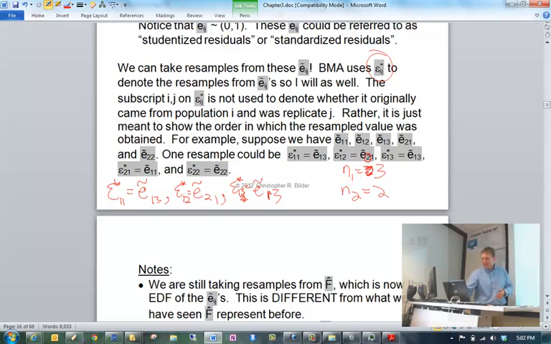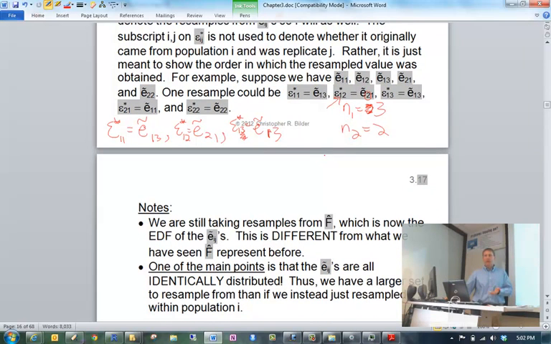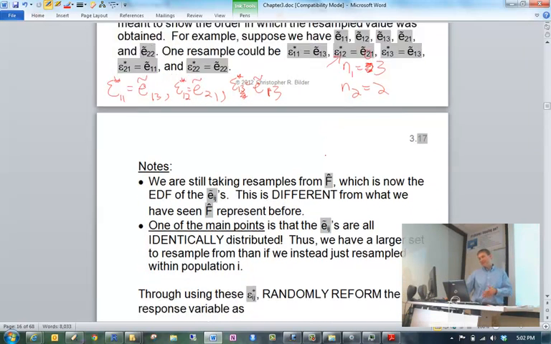But in terms of my resamples, I'm going to say that that's designated as population 1. Is everyone clear on this so far? Any questions? It's more complicated than what it really is, but from past experience, students have had some problems with this.